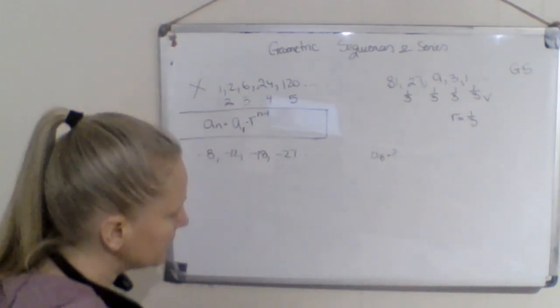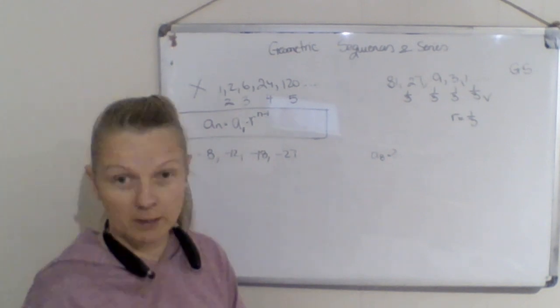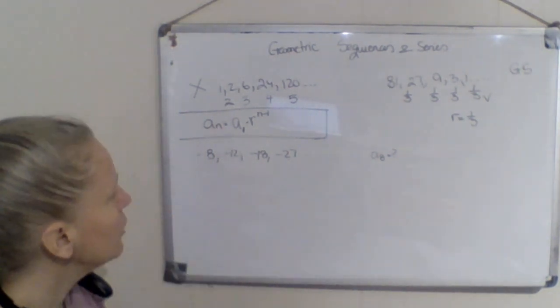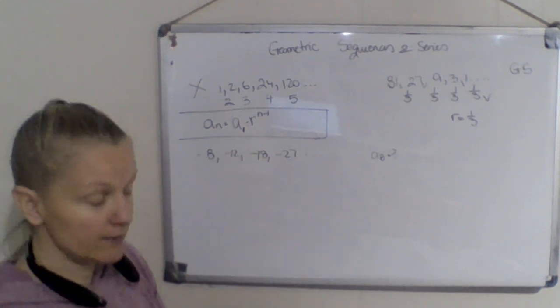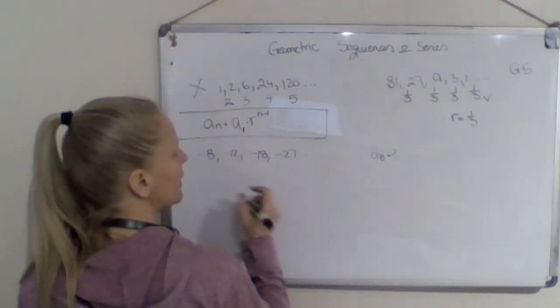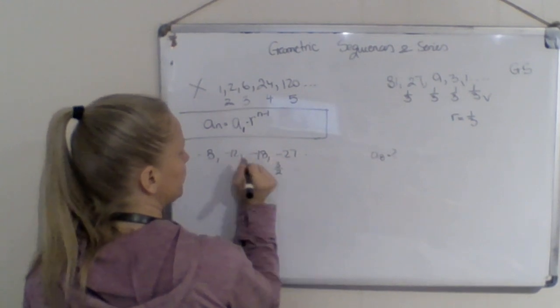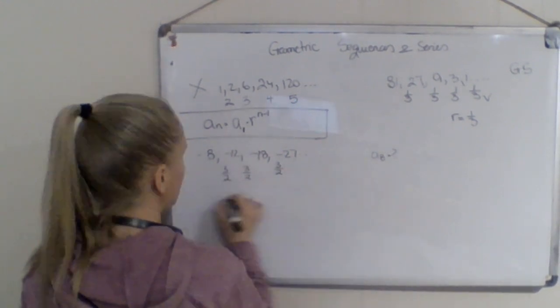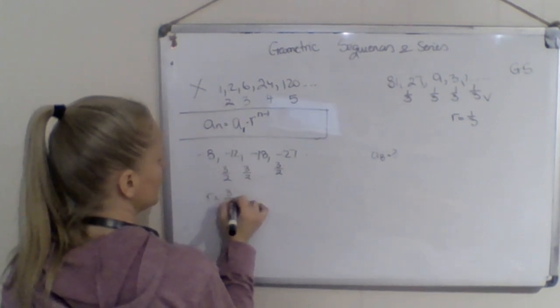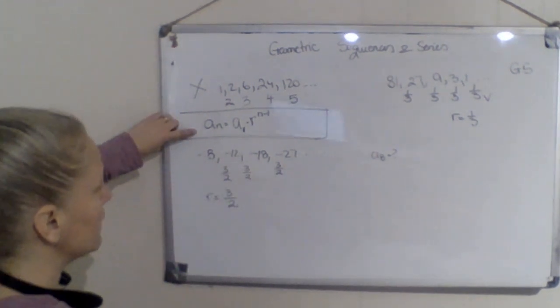Well, first of all, we need to understand if this is a geometric sequence or not. With division, it's always going to be a positive number because negative divided by negative is a positive. 27 divided by 18 is 3 over 2. 3 over 2. 3 over 2. So I now know that my ratio is 3 over 2. So I can now write my rule.